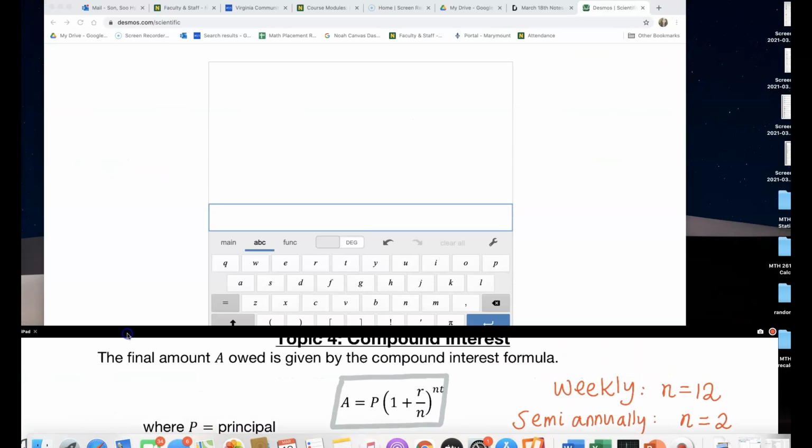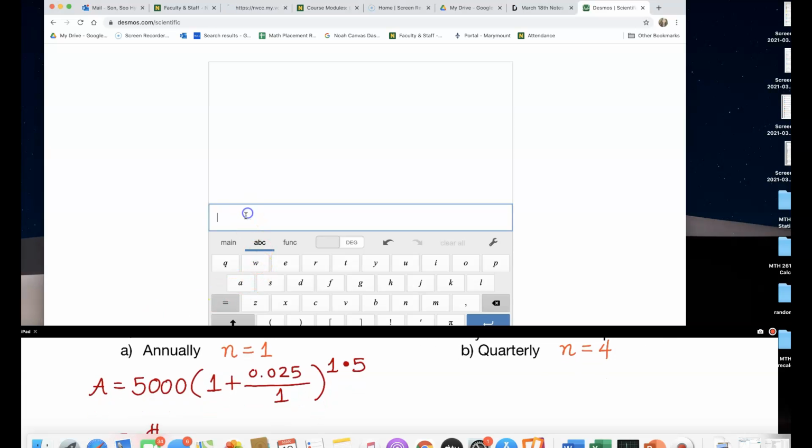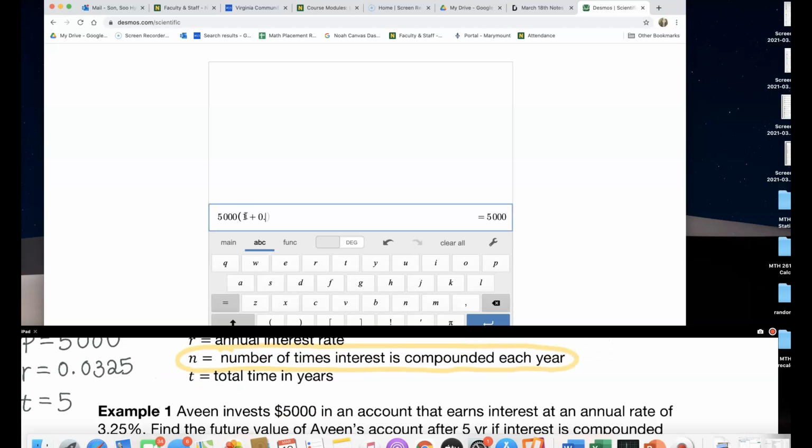I'll lower my iPad screen so you can see what I'm typing in the Desmos Scientific Calculator. 5,000 times 1 plus 0. Whoopsie, I think I wrote the wrong thing. Let me fix this real quick. I wrote the wrong interest rate on top of this fraction.